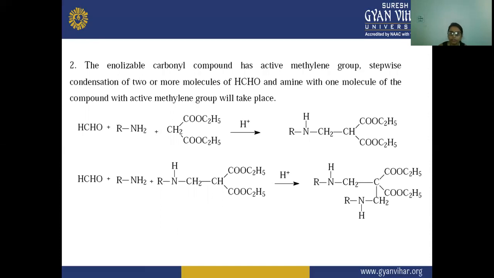The enolizable carbonyl compound has an active methylene group, and stepwise condensation of two or more molecules of HCHO and amines with one molecule of the compound with the active methylene group will take place. So here the aldehyde is reacting with this amine, and after that there is a formation of this product.